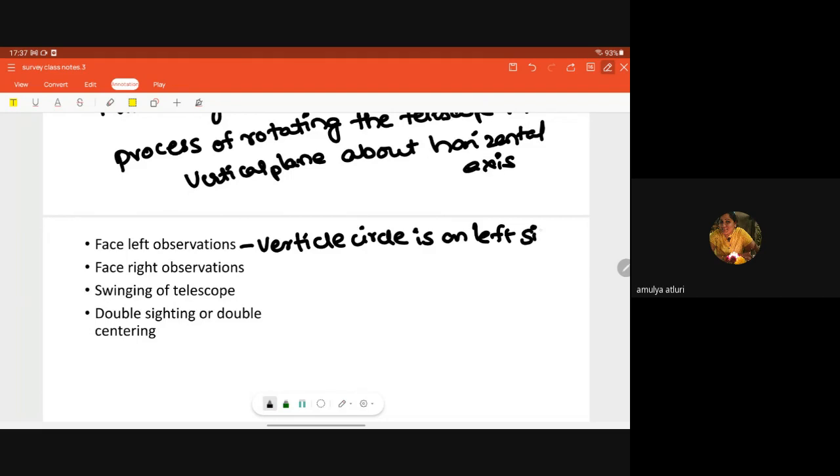The telescope is in normal position and the bubble is up.